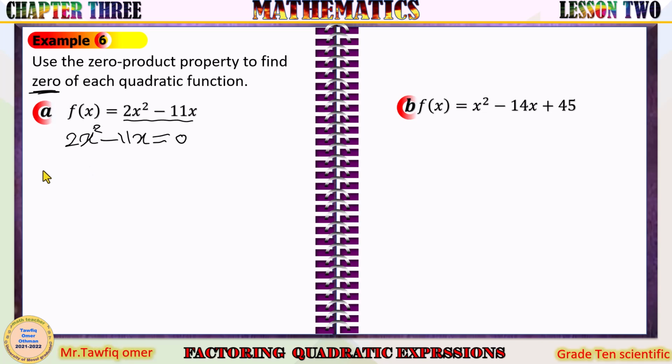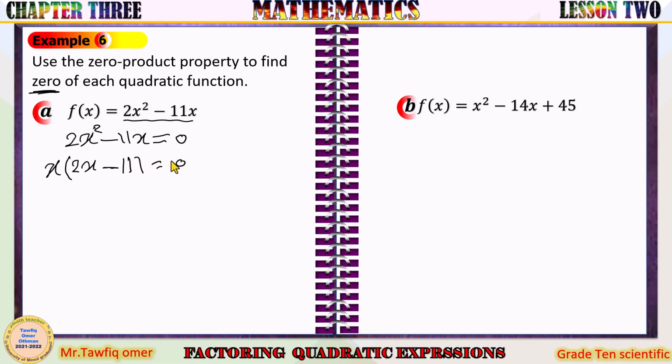Here we are factoring using the greatest common factor, which is x, because between 2 and 11 we don't have any common factor, and between x squared and x we have x.